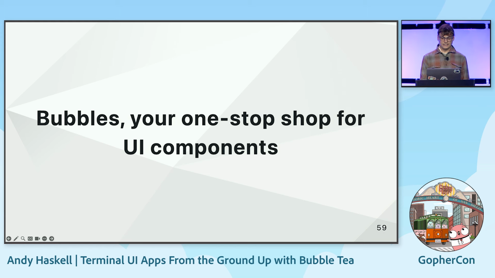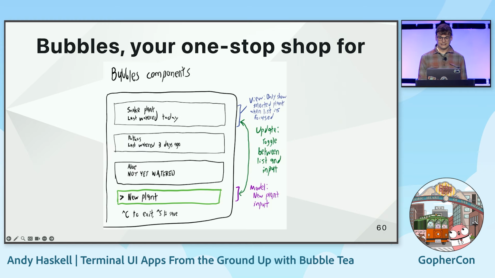And some of the components in there are a table component for when you want to display data in a table with columns and rows, a progress bar component for indicating the progress of some process, and the one we're going to add is a text input component for typing in some text. So here's the diagram of our changes.